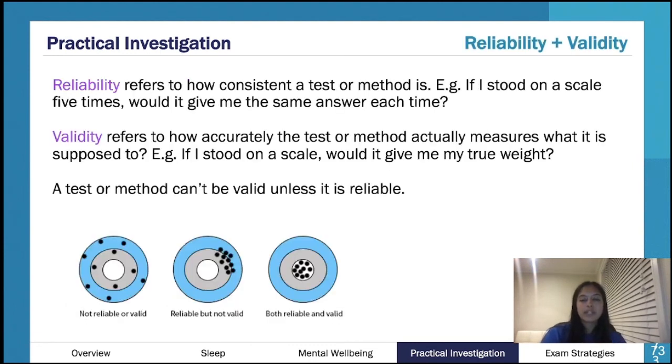Okay, so reliability, basically the consistency of your experiment, so repeating it and getting the same results. Validity, in the context of psych, it's basically, is my experiment designed so that I'm actually getting the effect of the IV on the DV? Like this idea, if I stood on a scale, would it give me my true weight?